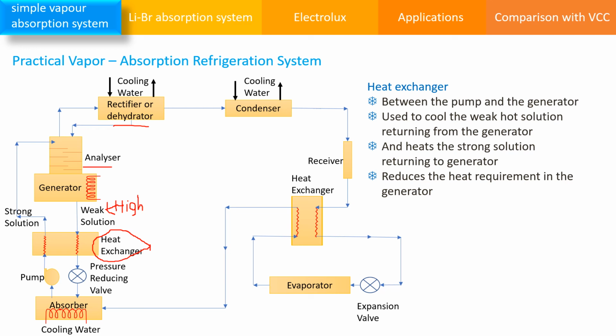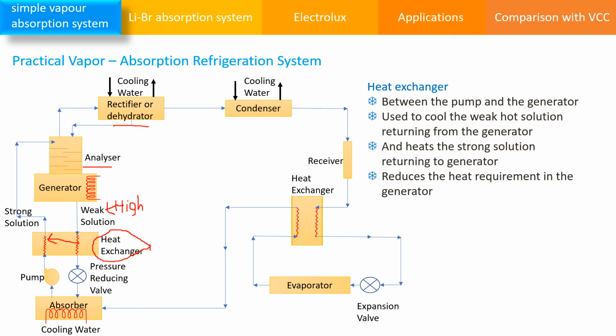So what happens in the heat exchanger is that the weak solution rejects heat to the strong solution, which anyway needs to be heated in the generator. So this reduces the heating requirement in the generator. The strong solution is heated by absorbing heat from the weak solution, which cools the weak solution.